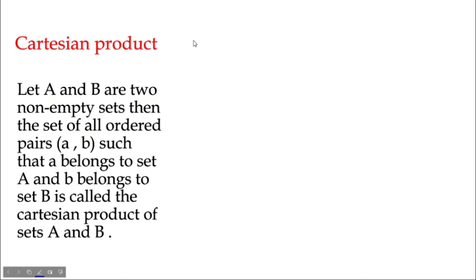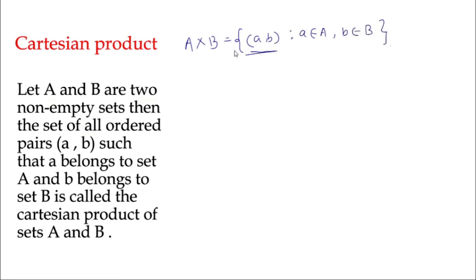So how can I write the Cartesian product in set builder form? We discussed that the Cartesian product is a set. A and B are two sets, then the Cartesian product is also a set. So A cross B can be defined as A cross B equal to (a, b) such that a belongs to set A and b belongs to set B. Here you have to note that the elements of the Cartesian product are ordered pairs.